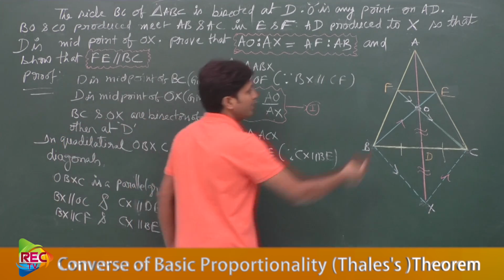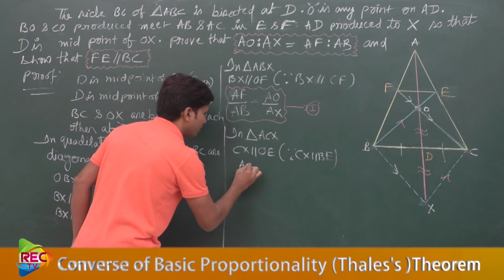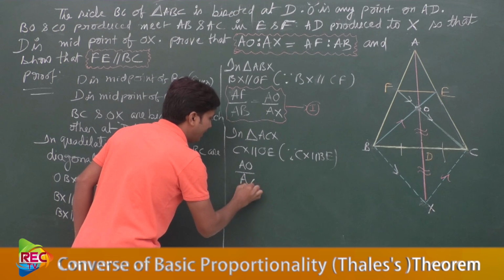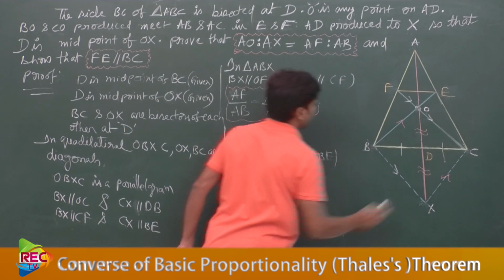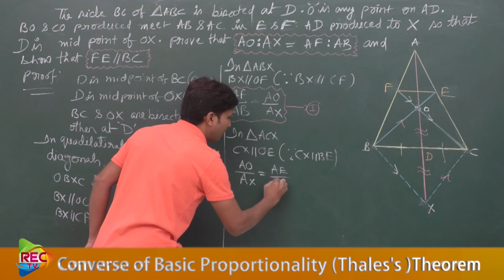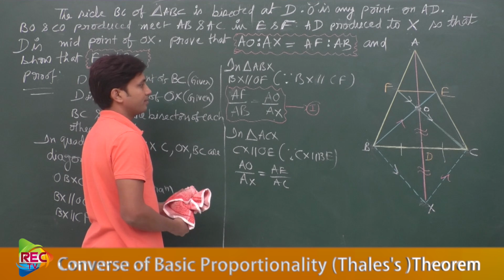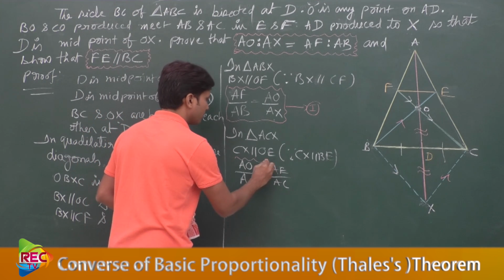What is that corollary? AO by AX equal to AE by AC. Let this be condition 2.